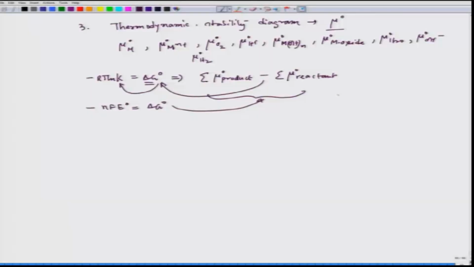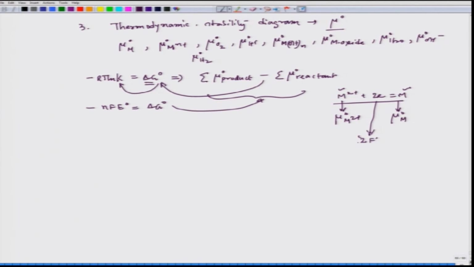For example, M2+ plus ne equal to M. Sorry, here we are considering 2, that means instead of n we can put 2e. So, here we have to consider the chemical potential of M2+, the chemical potential of M, and of course, we can consider the chemical potential of electron also. That chemical potential will be used up in 2F.